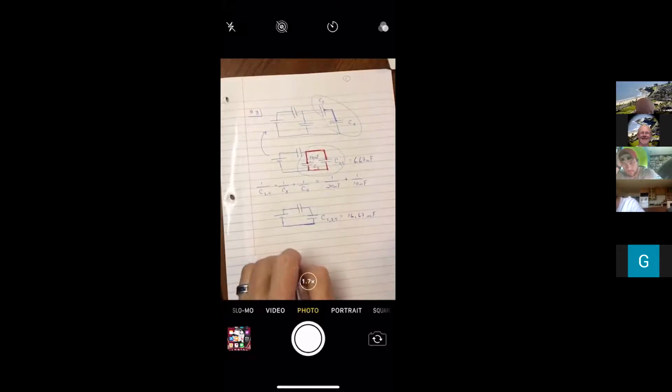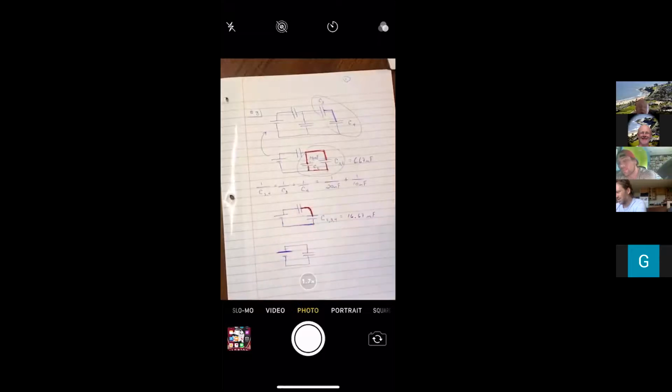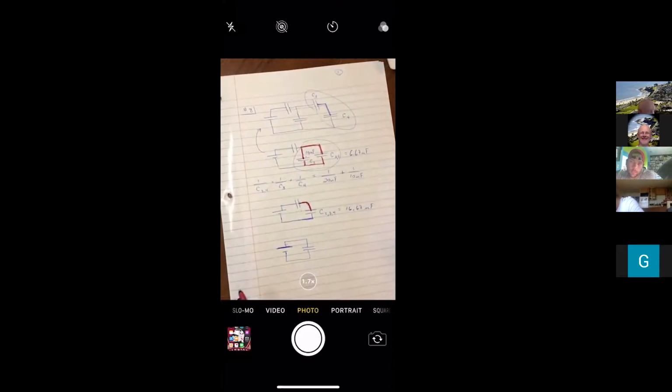And if I could even make it easier on myself, I would ask one more question. Are these two in either a series or a parallel? And again, our definition of series is when it goes from one straight to the other without some other wire connecting. So it goes from one to the other. There's no other place for it to go. And so, yeah, those are in series.